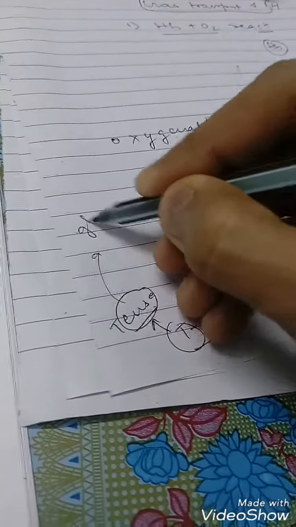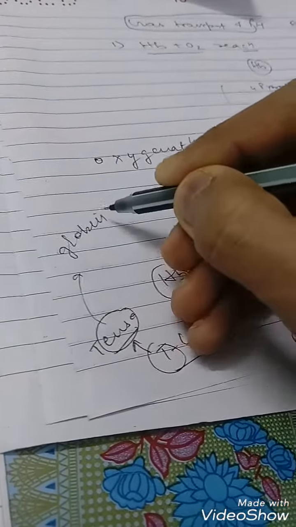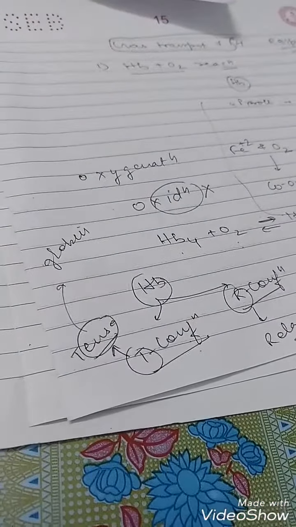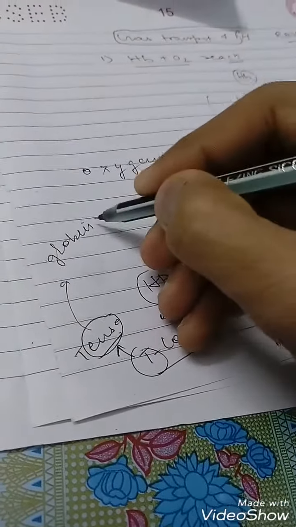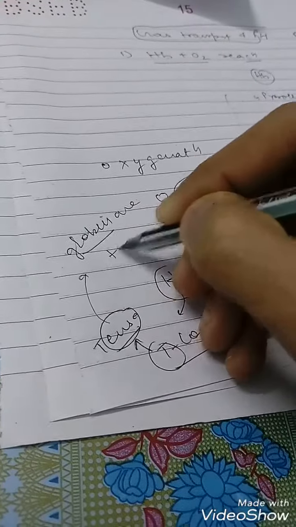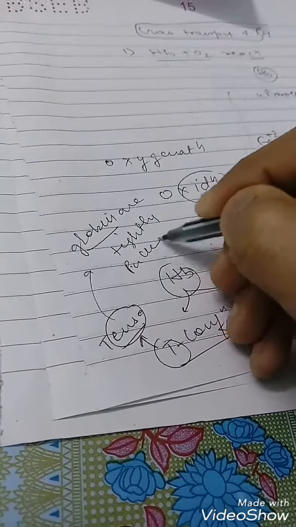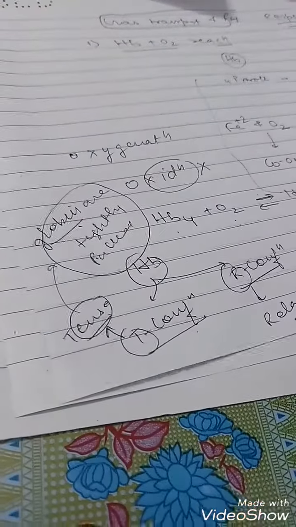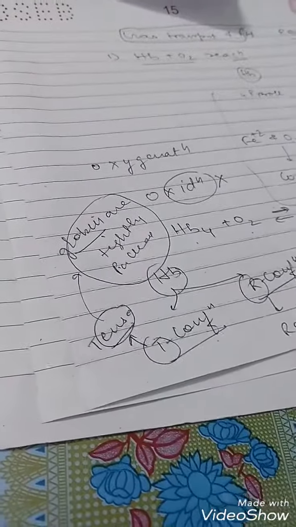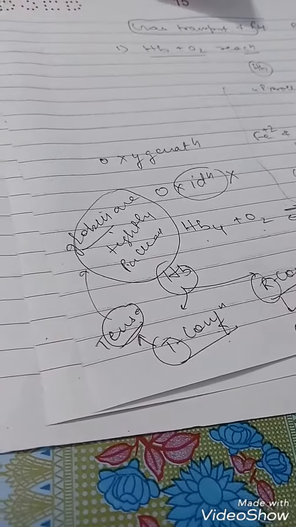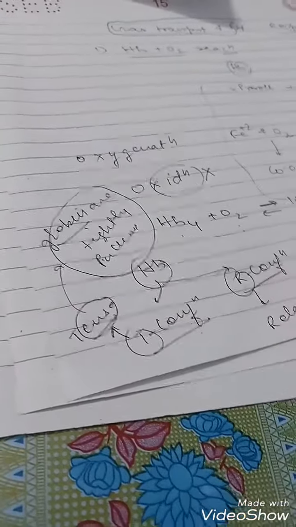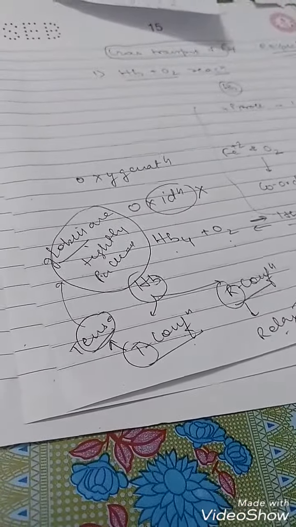What does tense configuration mean? It means that the globin units from which hemoglobin is formed are tightly packed. In the relaxed condition, the globin units are loosely packed, allowing more oxygen diffusion to the heme.